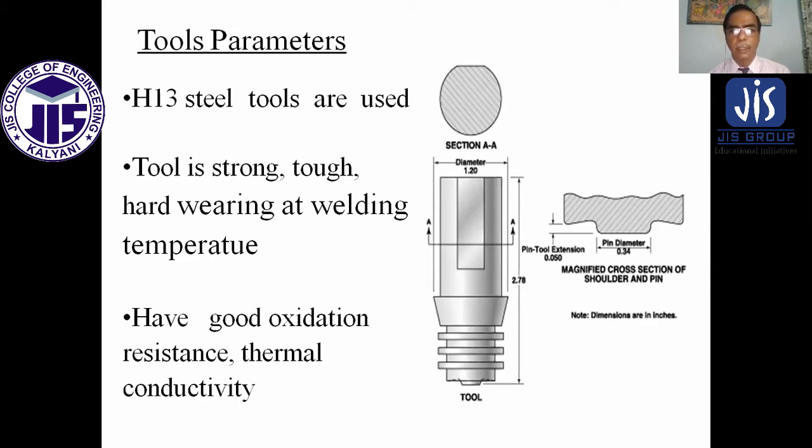The diameter is 1.2 inches and the length is 2.78 inches. The pin tool extension is 0.05 inches, and the pin diameter is 0.34, shown in the magnified cross section. So these are the figures of the tool, the tool probe.